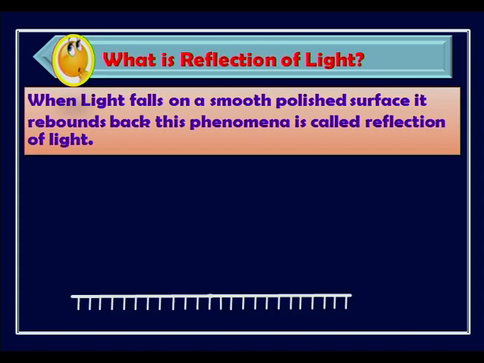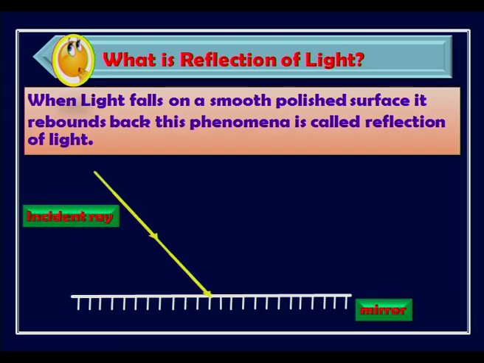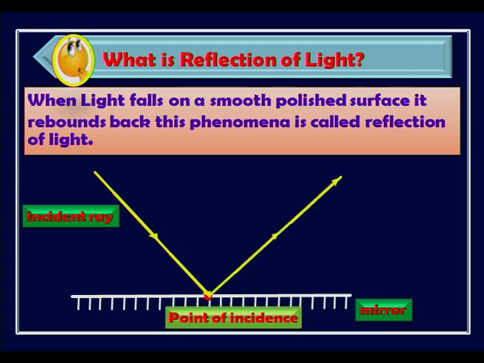Here we can see a mirror. A ray which falls on a mirror is called incident ray. The point where it falls on the mirror is called point of incidence. A ray which is reflected from the mirror is called reflected ray.